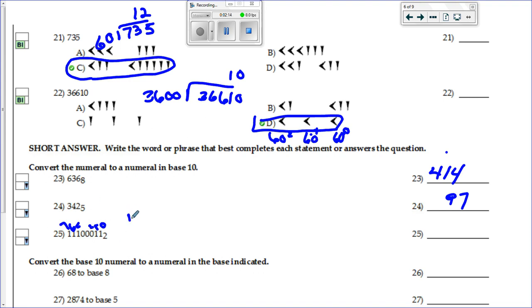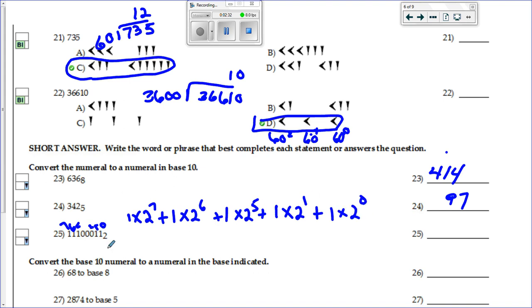So this would be 1 times 2 to the 7th plus 1 times 2 to the 6th plus 1 times 2 to the 5th. I'll leave all the zeros out to save space. 1 times 2 to the 1 plus 1 times 2 to the 0.